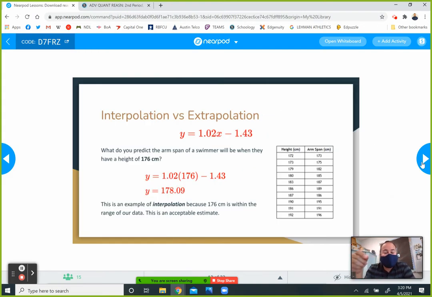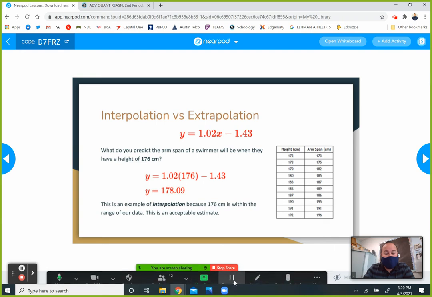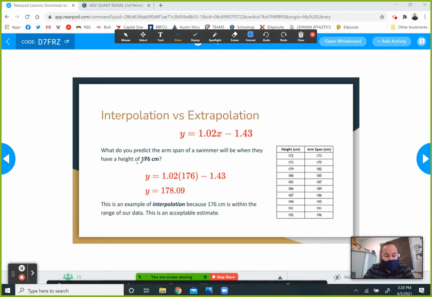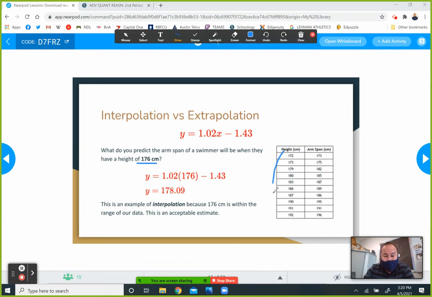Interpolation, because inside, in means that 176 fell inside. This 176 fell within this range. It's literally right in here, right? And this is an acceptable estimate. It's okay for us to interpolate when we have an equation that we created from data.